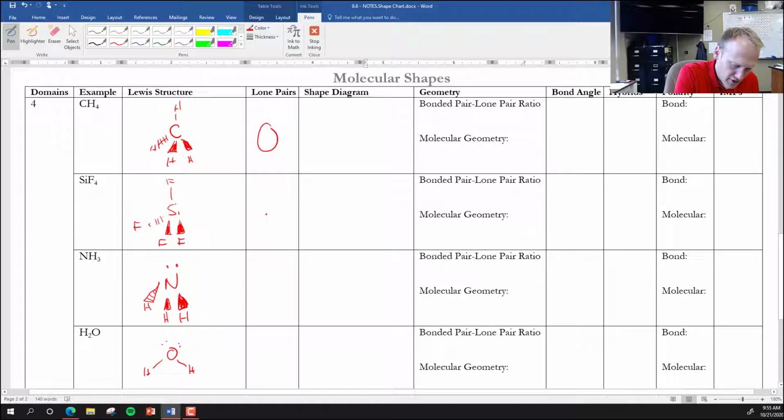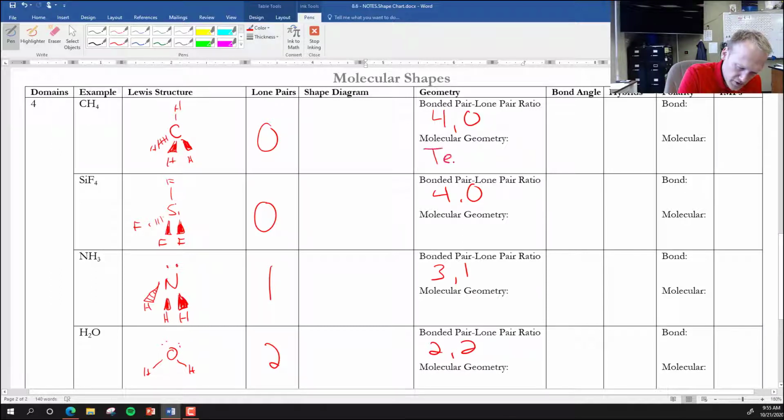The first 2 have no lone pair. NH3 has 1, and H2O has 2. The shape diagram I've kind of already drawn over here to the left. So the first 2 have a bonded to lone pair ratio of 4:0. NH3 is 3:1, and then water is 2:2.